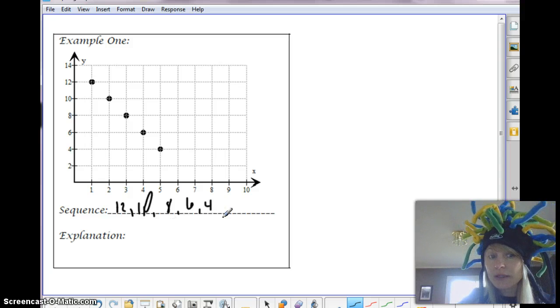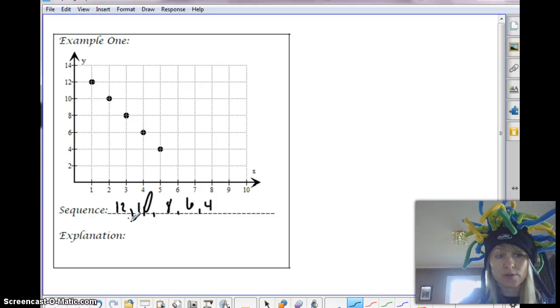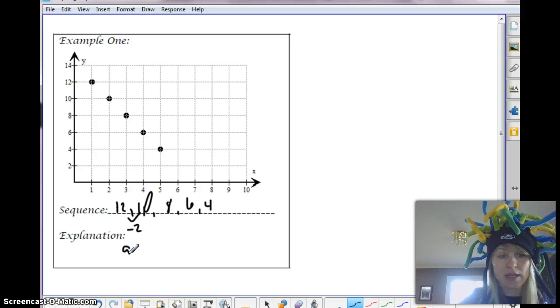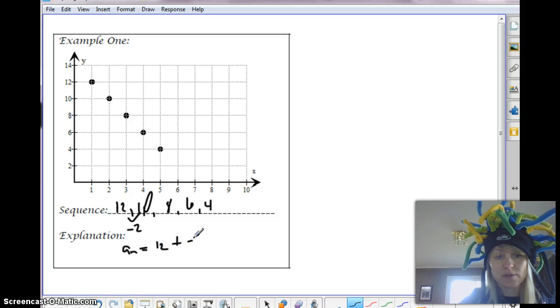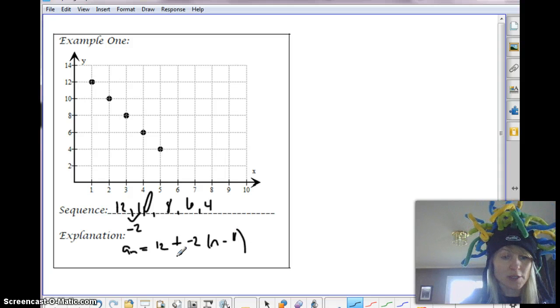So this is clearly arithmetic because it's going down by a negative 2 each time. So I'm going to do my a sub n. A sub 1 is 12, plus my common difference of negative 2, and then my n minus 1. Okay, so it's just finding the explicit formula.